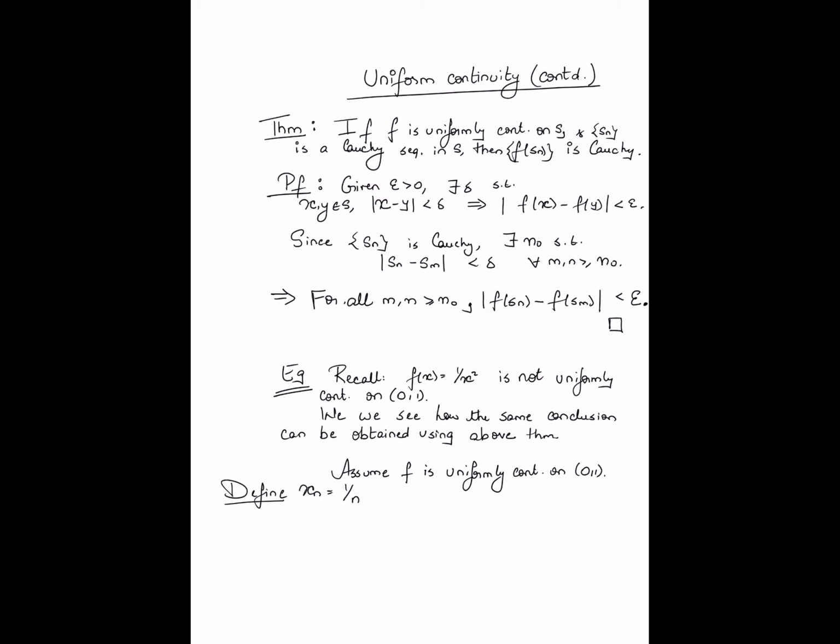Now this sequence is clearly Cauchy. Okay, which implies from the previous theorem that f of Sn, which in this case would be n square, is Cauchy. But we know that the sequence n square is in fact not Cauchy, right? It's in fact a divergent sequence, and so that is your contradiction.